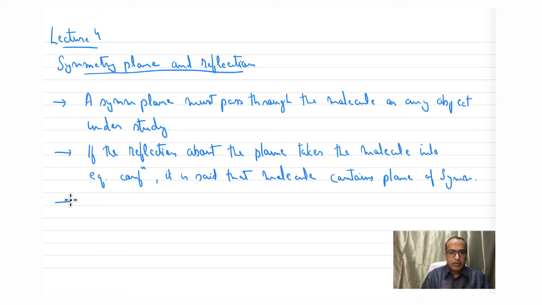Now the symbol, we have learned this before, is sigma, and then there are three different types of sigma: sigma V, sigma H, and sigma D. We'll look at the definition of each of these, but let us first look at the technical definition of plane of symmetry.